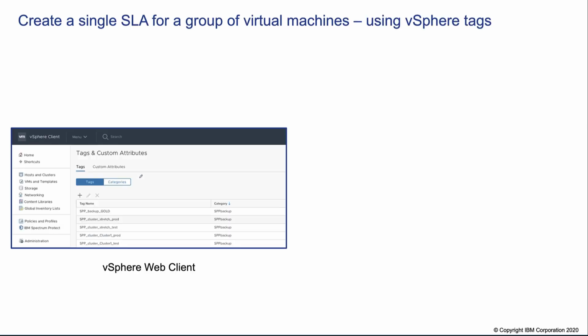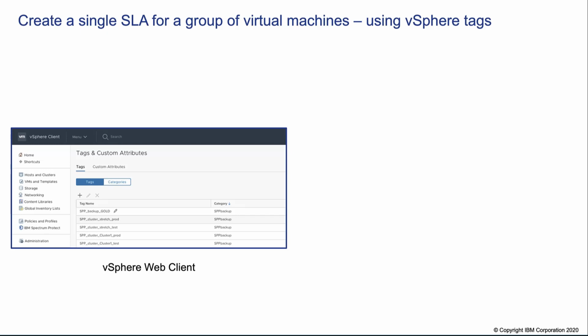So basically what we're going to do is create an SLA for a group of virtual machines using VM tags or categories. For example, we can set up an SLA that says any virtual machine that has this tag, SPP Backup Gold, I want to protect.